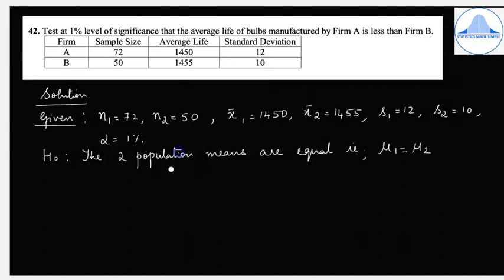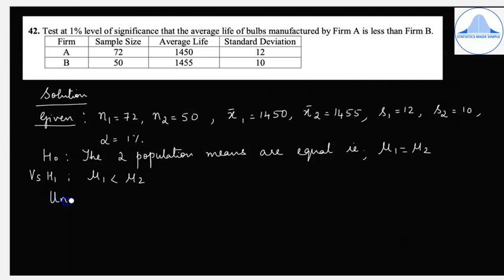You will still get the marks. Now, versus H1. They have said you have to check whether the average life of bulbs manufactured by firm A is less than firm B. So in other words, you have to check whether mu1 is less than mu2. So this is a left-tailed test.